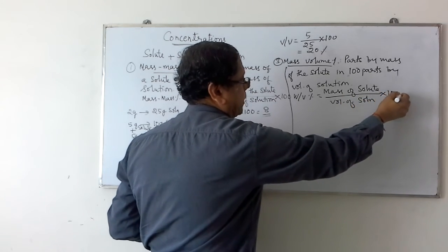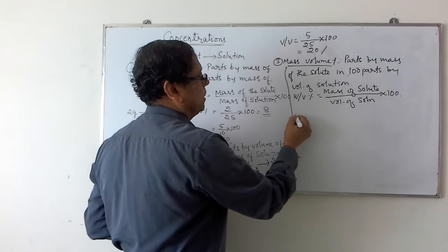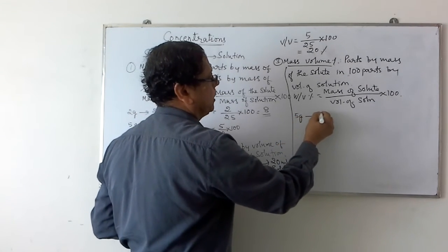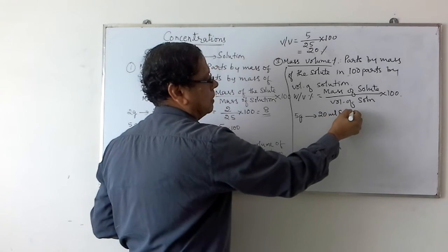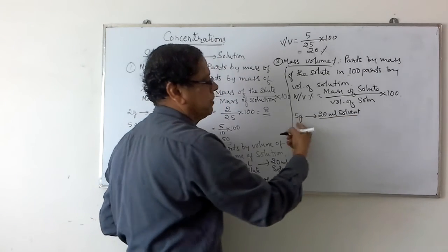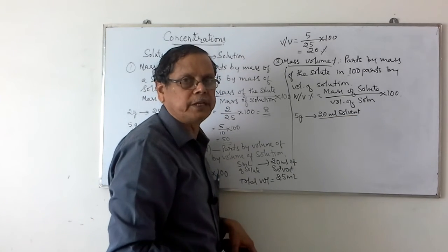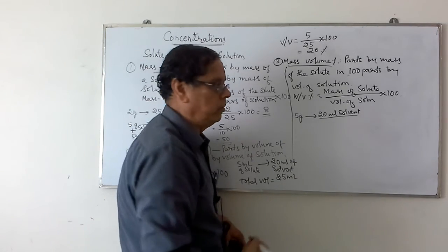Say for example, I am dissolving 5 grams of a solute in 20 ml of a solvent. Usually the volume of the solvent and volume of the solution should be taken as almost the same, because this small amount will not change the volume much.